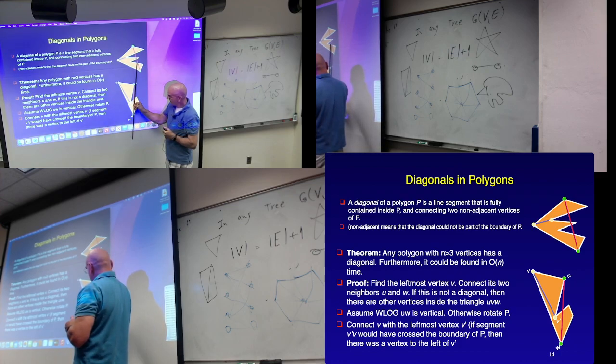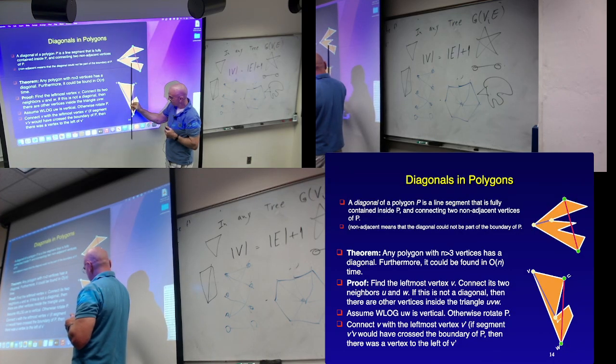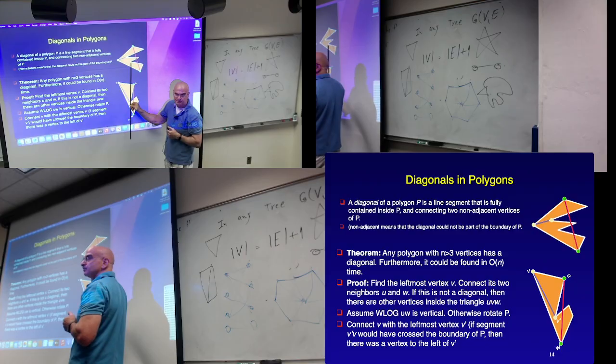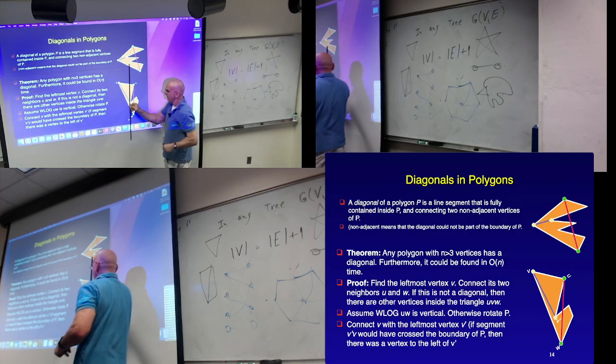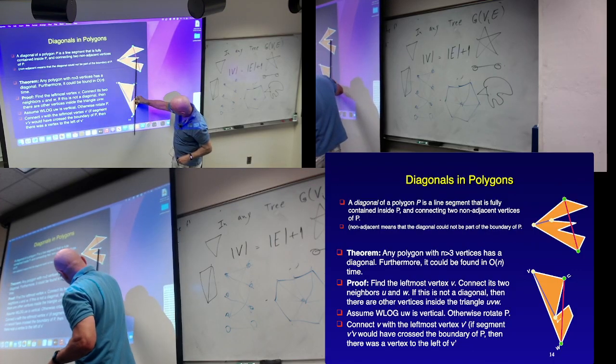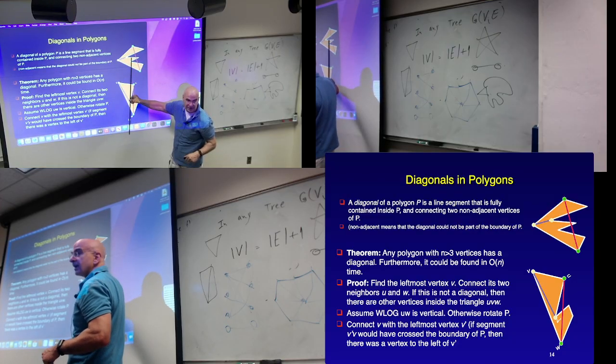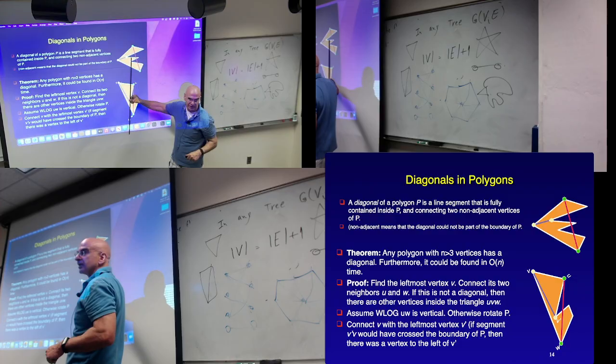So I'll take my stick and move it parallel to itself, until I hit the leftmost vertex that is not V. So from UW, move to the left until you find the very last vertex.